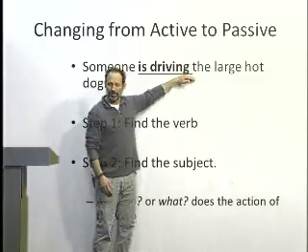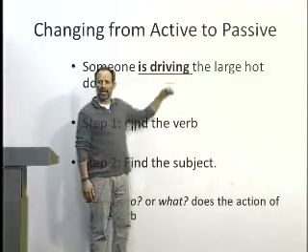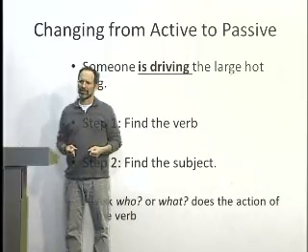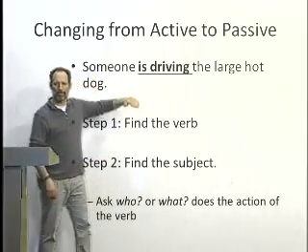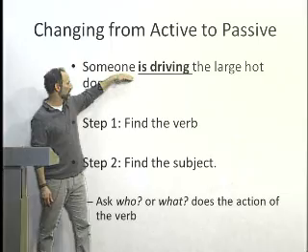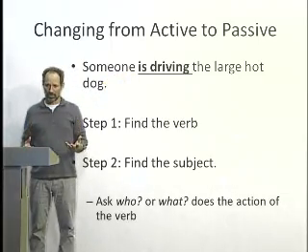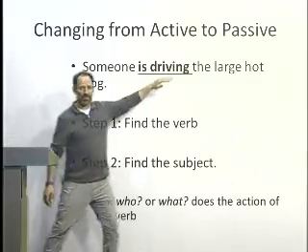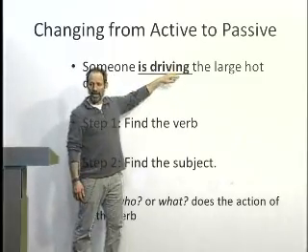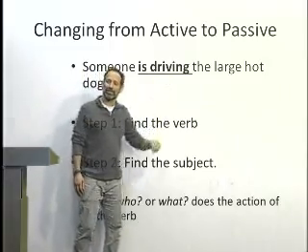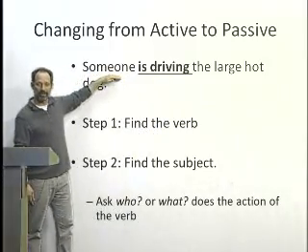So if I have my verb is driving, I ask myself, who is doing the action of driving? My answer, someone. So the subject of this sentence is someone. So first I find the verb. Once I have the verb, I can ask the questions that help me find the subject.